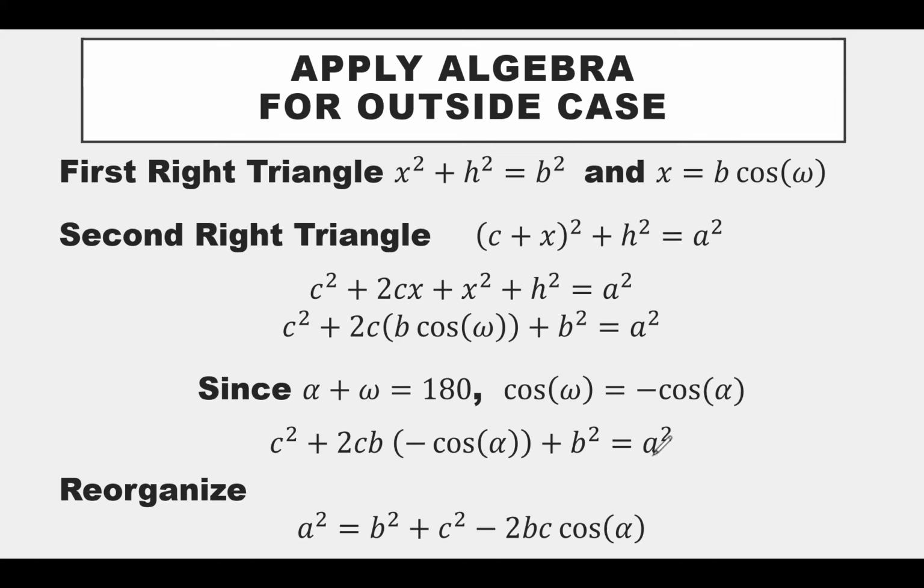Reorganize, so we'll put a squared on the left, and then we'll have on the right a b squared, a c squared, and then a minus 2bc cosine alpha. And you can see that this involves the angle alpha. This is the law of cosines with angle alpha, and that's the one we needed.